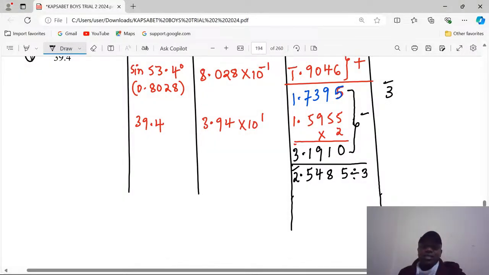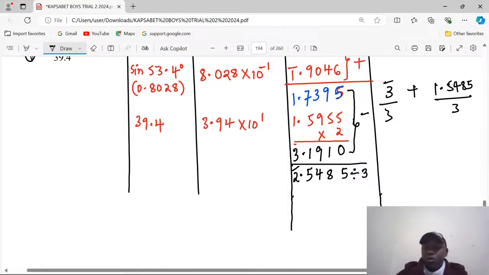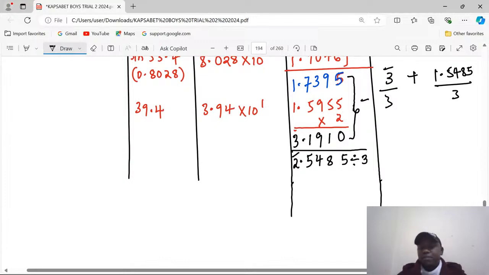This part, that is the decimal part of the logarithm, which is 0.5485. We add the 1 which we have subtracted from the characteristic, and that makes it 1.5485. We also divide by 3. So when we divide the characteristic part by 3, it becomes bar 1.